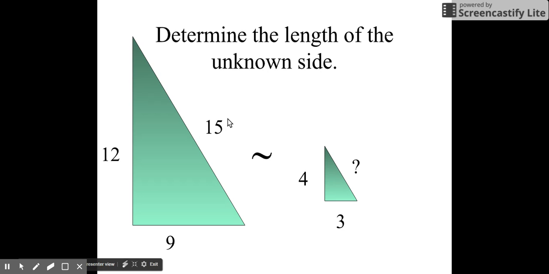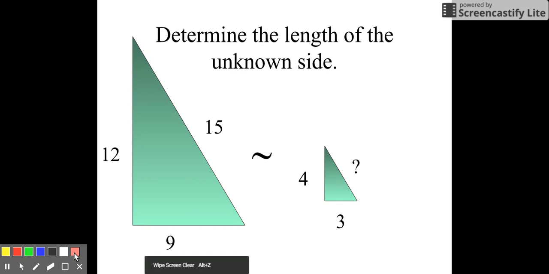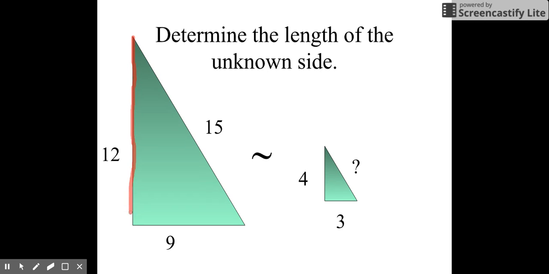Now, to determine the length of an unknown side. So what we have here, we have an unknown side. So I'm going to grab a different color than what I just chose. And what we want to identify is that, if we're looking at this large shape, we have this length and this length.